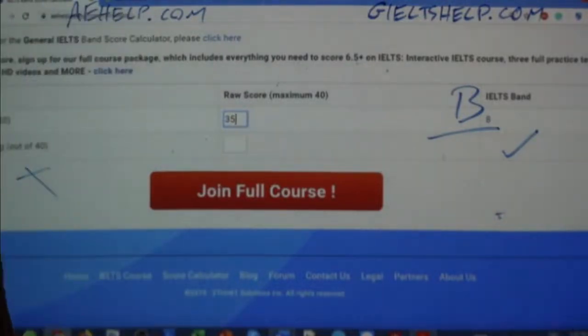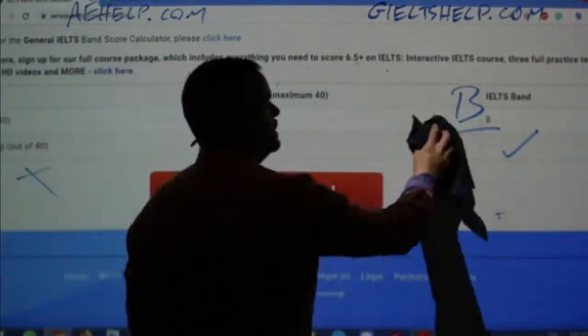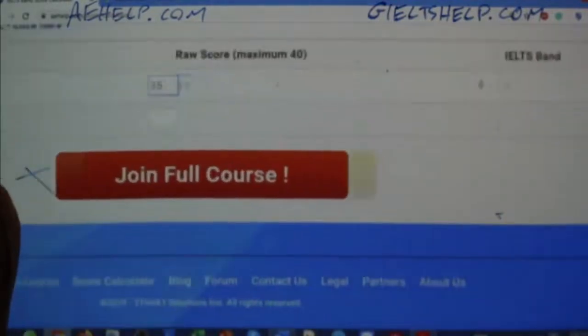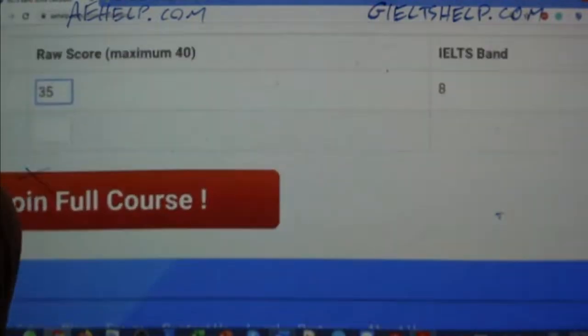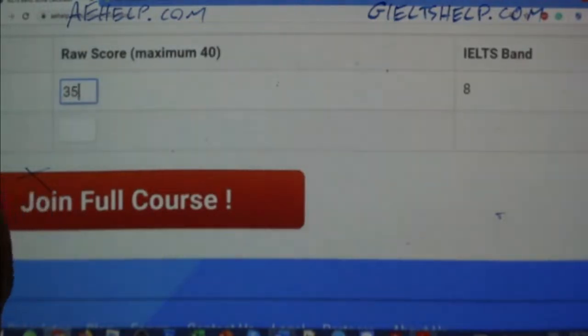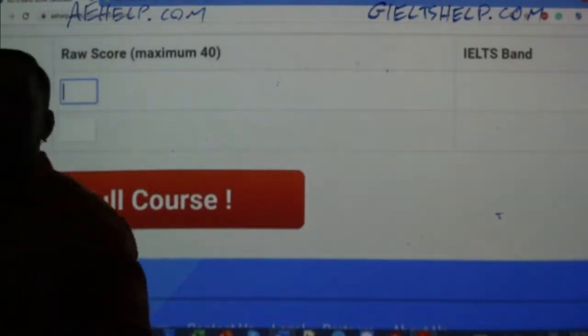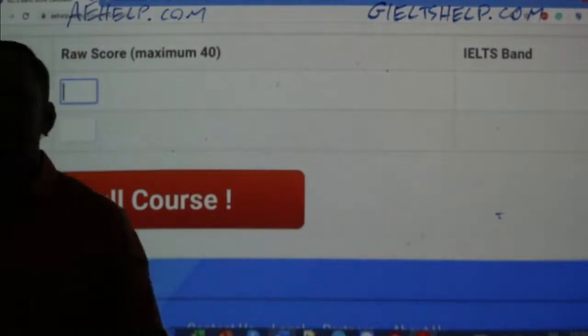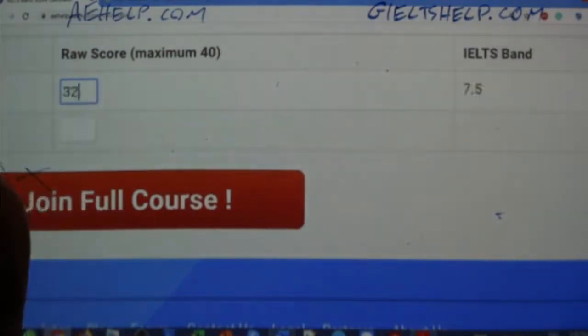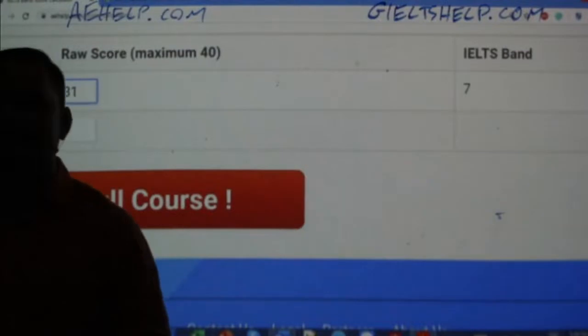Let me erase that giant B and then you'll see it better. There it is. So it's an 8. I can zoom in even more so you can see the numbers. So 35. Below that, it's the reading, so don't pay attention to that one. All right. Arshay got 32 and Rakib got 31. 32 is a band 7.5. 31 is a band 7.